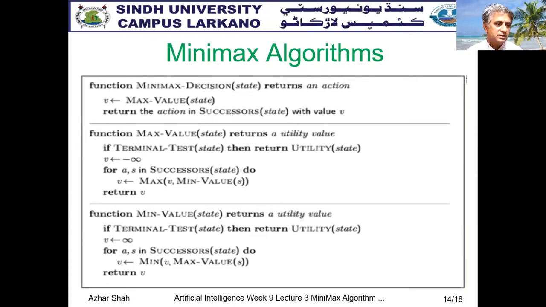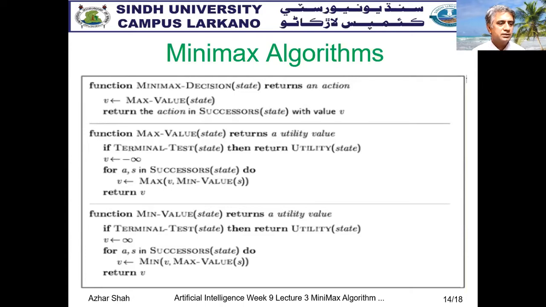The first function is the minimax function, which makes the decision and returns the value, either minimum or maximum, based on the values from the successor function. So the successor function gives the previous or current state and gives feedback to the next state, to the minimax decision making function.